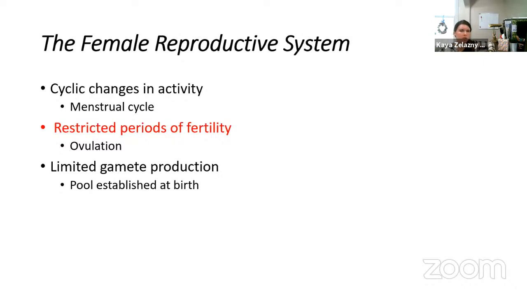And so we're not going to have this continued production of gametes the way we had continued production of sperm in males. So the system works differently in females. And that's hopefully not a surprise to any of you, but we're going to talk about it today.